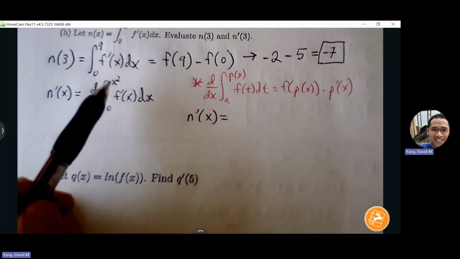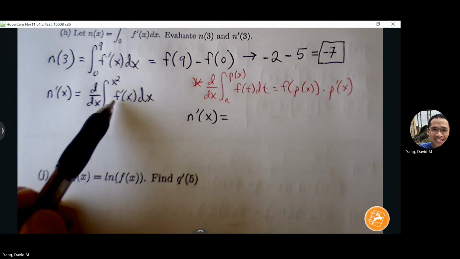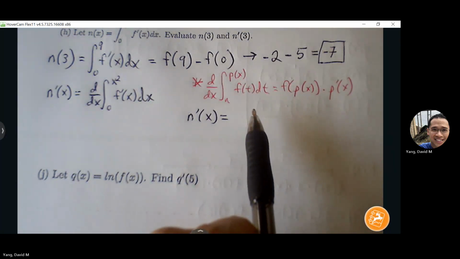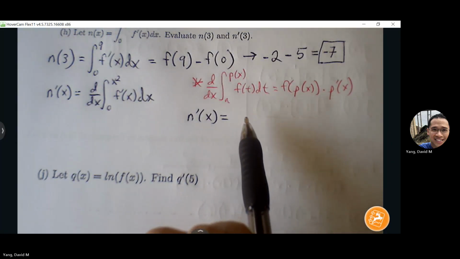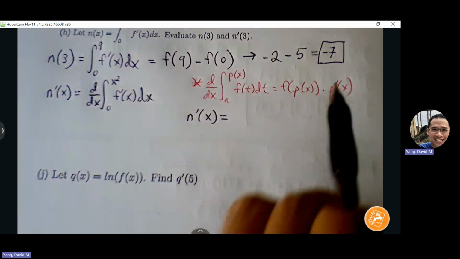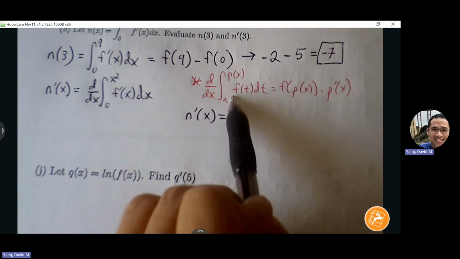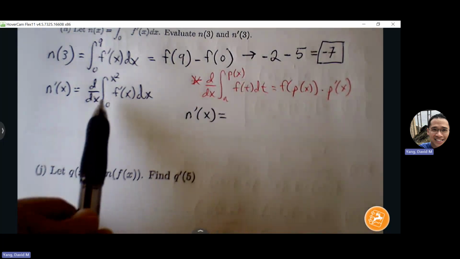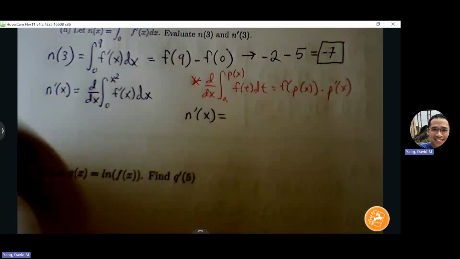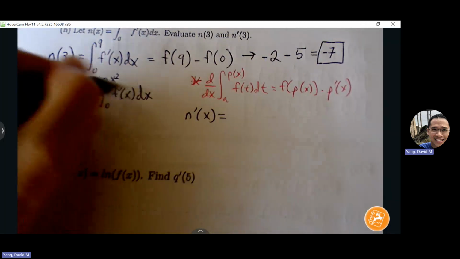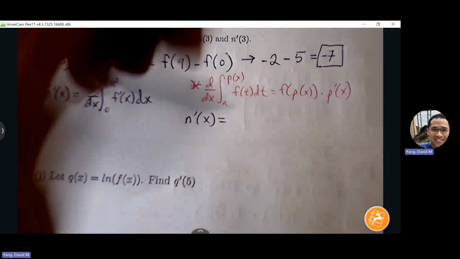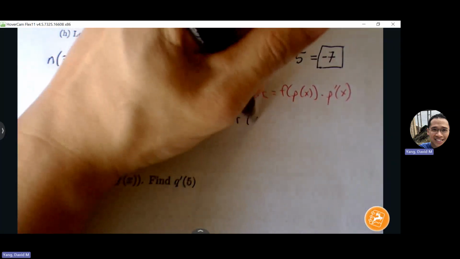So what would that look like? f prime of x squared, right? We're not going to change this function. Whatever we see, we're just going to leave it. Normally we would make it turn into something else, but because we know derivative and integral cancel each other out, we're not going to make any drastic changes to the function. We're just going to insert that upper bound into the variable. So it's going to be f prime of x squared.